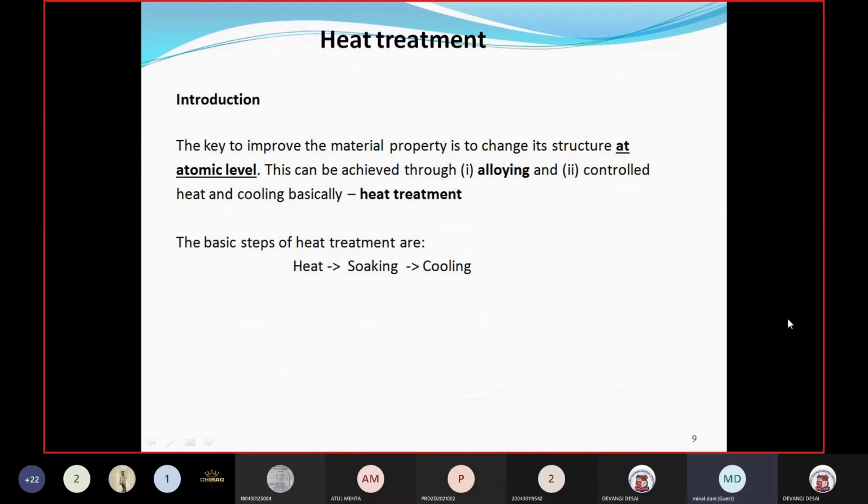Just now I told you about martensite, bainite. Change in the phase, change in the microstructure of the steel, you are gaining that property. So in heat treatment, we are heating the material, holding it for a certain period of time, and then cooling. By different cooling, different phases are present. So by these steps, we are enhancing the mechanical property.